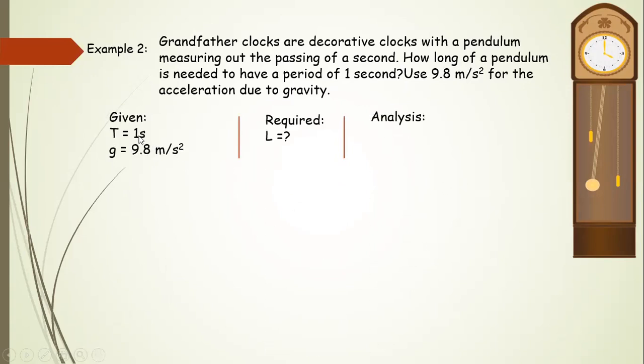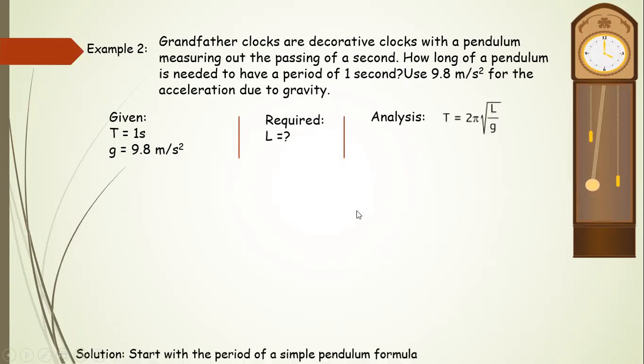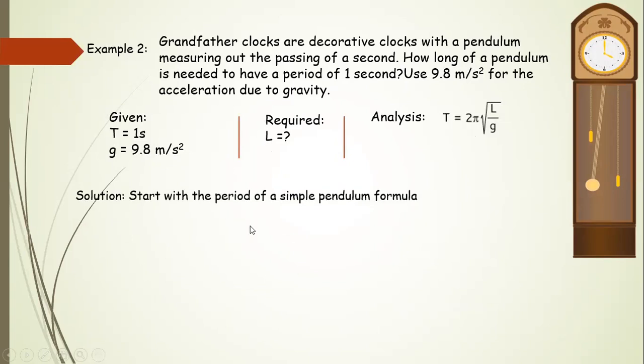So what is given? Time period 1 second, g is 9.8, and length we have to find. The formula will remain the same. Now let's start the solution. I am going to start by transforming the formula, making L the subject. You can also do it directly by putting in the values of g and T, and you can solve that way too.